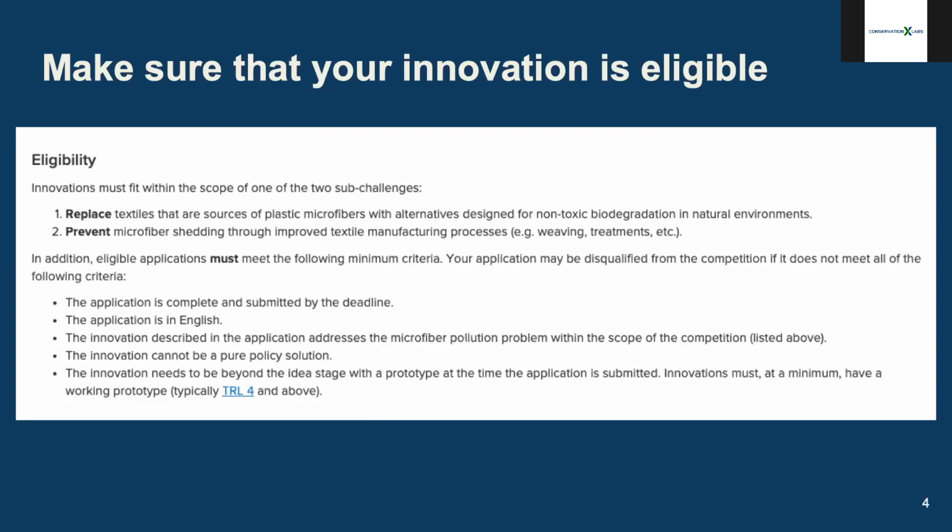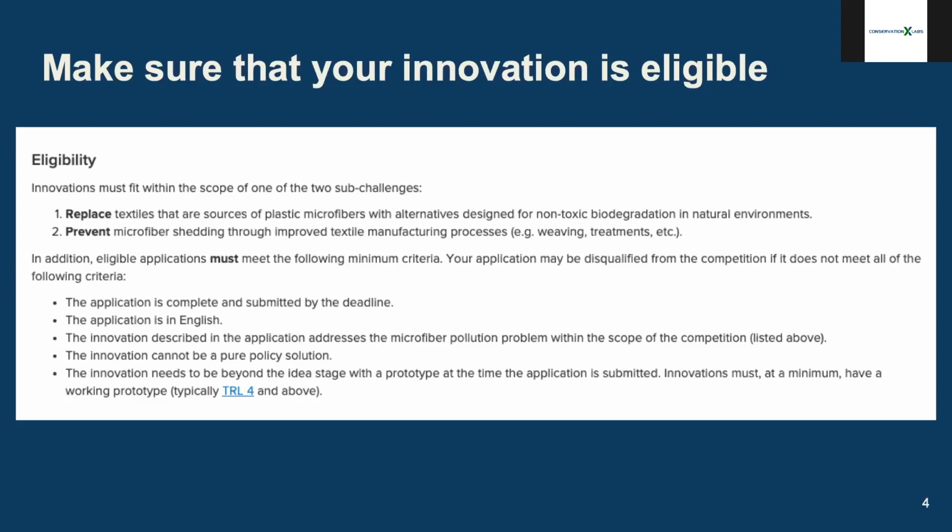In addition to falling within the scope of the competition, you want to make sure that your application is complete and submitted by the deadline of June 25th. Again, it has to be submitted in English, and the innovation described in the application must address the microfiber pollution problem and be within the scope of the competition, which I just described.